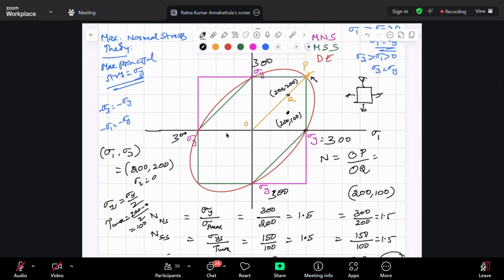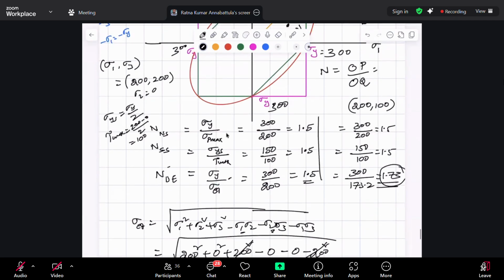Because on this line, the failure point for normal stress theory, shear stress theory, as well as distortion energy theory is happening to be the same point. All three failure surfaces are intersecting with each other. That is why you got the factor of safety to be same.